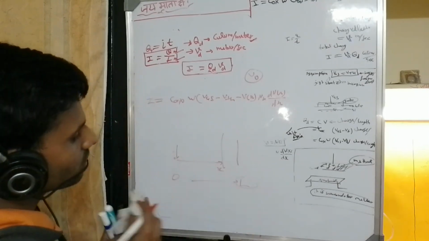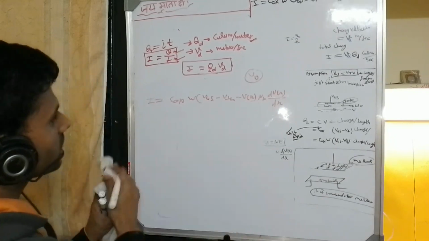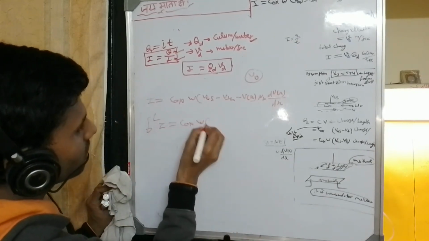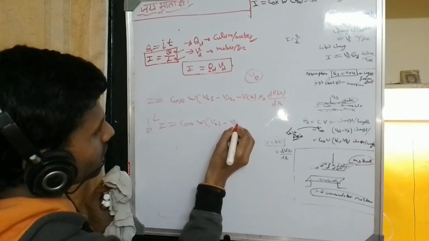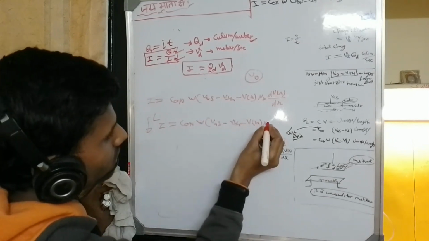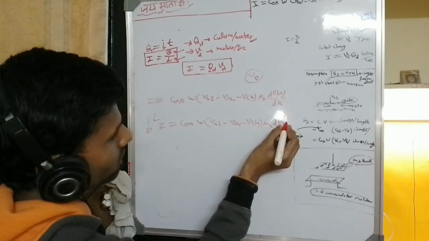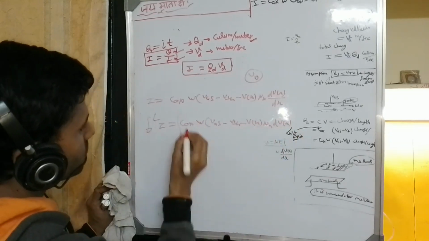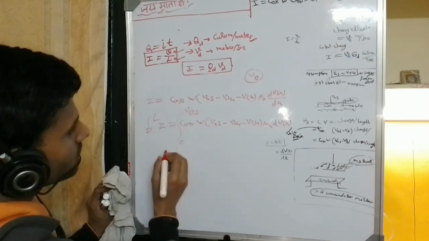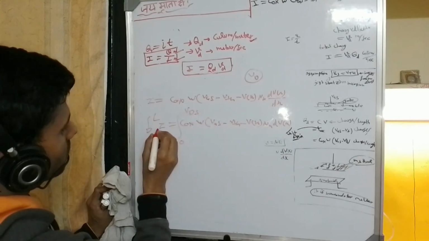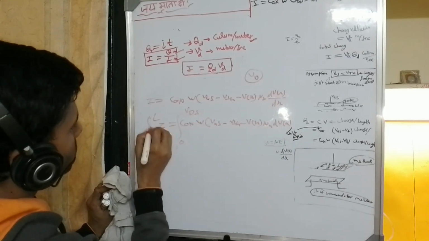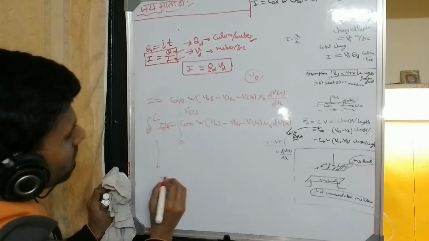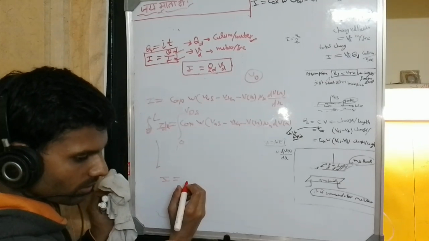From 0 to L you have to integrate it: I is equal to COX W VGS minus VTH minus Vx mu n dVx. Just integrate and you will find the current.